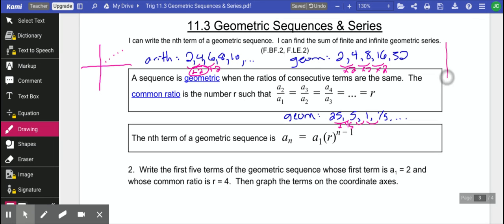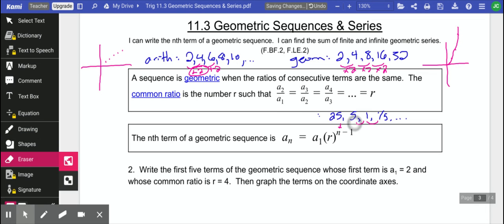When you graph geometric ones, the first term is 2, the second term is 4, the third term is 8, the next term is 16, you'll find that these are exponential growth or decay. So we'll see that in our problems. But arithmetic are linear and geometric are exponential.